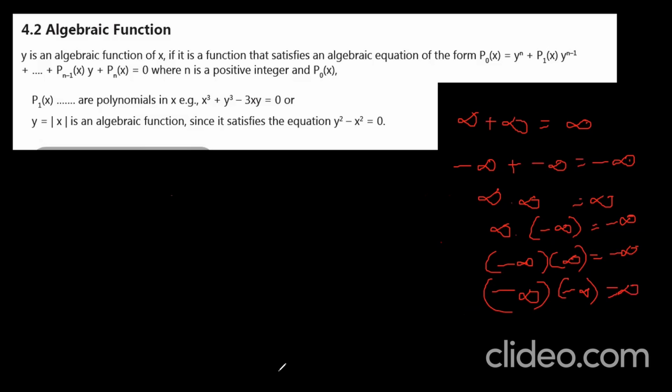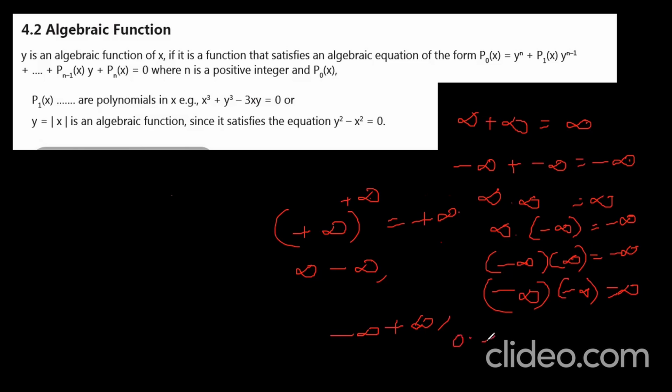Positive. Next, plus infinite to the power of infinite, it's also positive infinite. And if I take infinite minus infinite, okay, is it possible to do infinite minus infinite? And minus infinite plus infinite, 0 into infinite, infinite into 0.